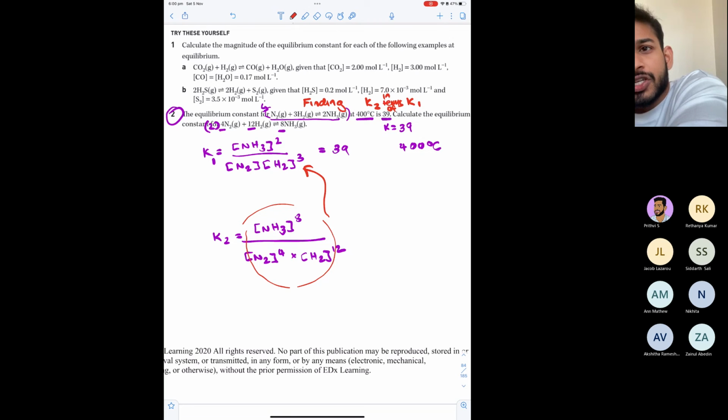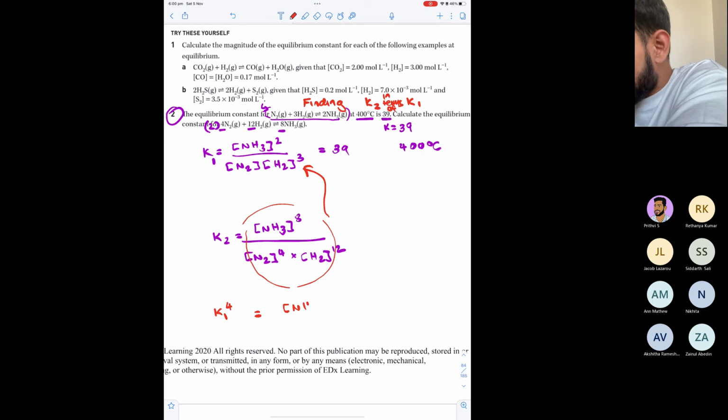So the relationship is not just multiplying or dividing by 4. It's changing the power of every single substance. What I mean by that is, if I get K1 and I raise everything to the power of 4, what will that equal?